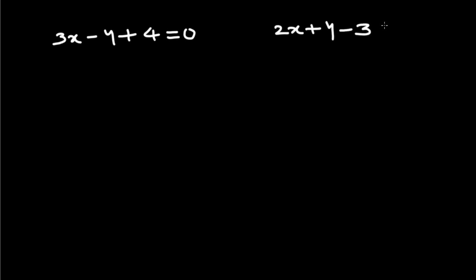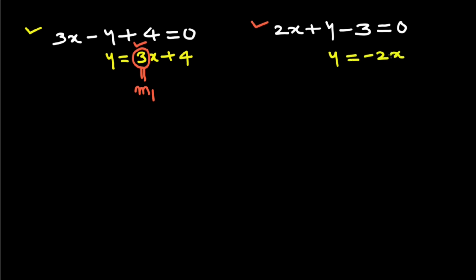How to find the acute angle between the lines 3x minus y plus 4 equals 0 and 2x plus y minus 3 equals 0. The first equation can be written as y equals 3x plus 4, which gives the slope of this line m1 equals 3. The second equation can be written as y equals minus 2x plus 3, so minus 2 is the slope m2 of this line. Let theta be the acute angle between these two lines.